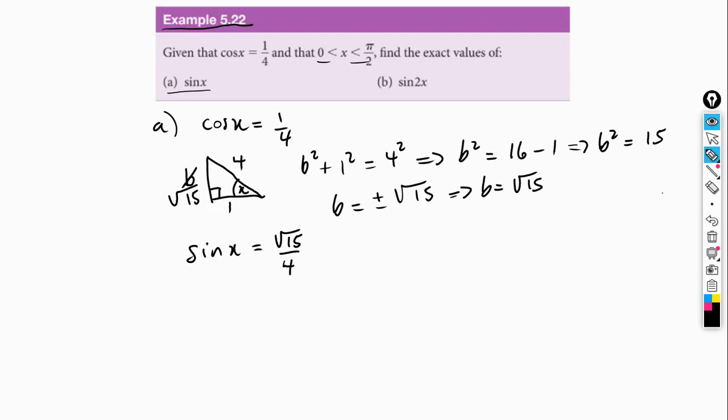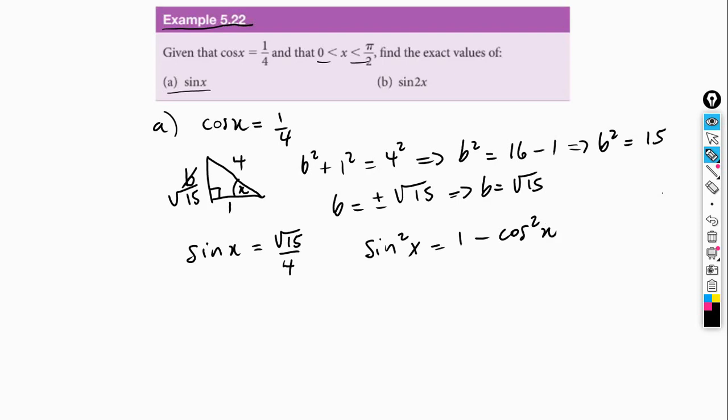Now the other method is using the trigonometric identity from the Pythagorean identities, sine squared of x is equal to 1 minus cosine squared of x.